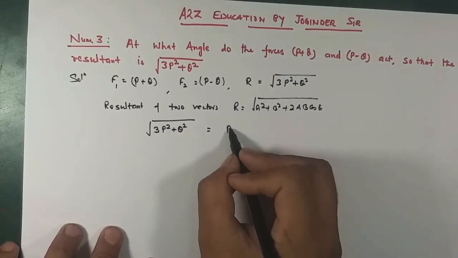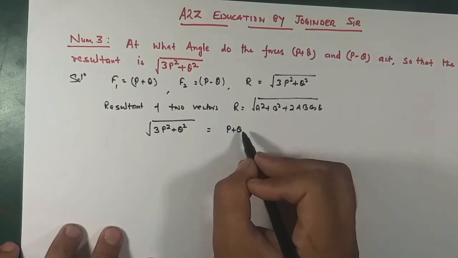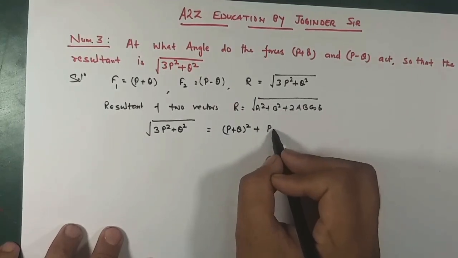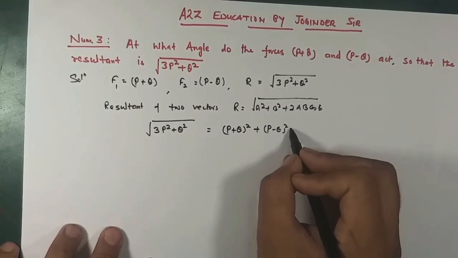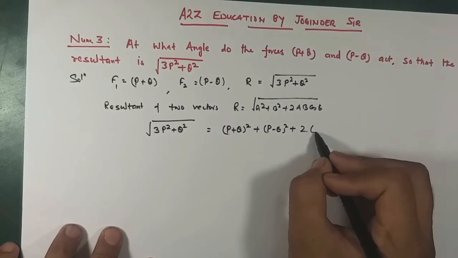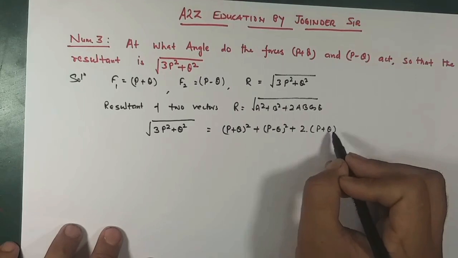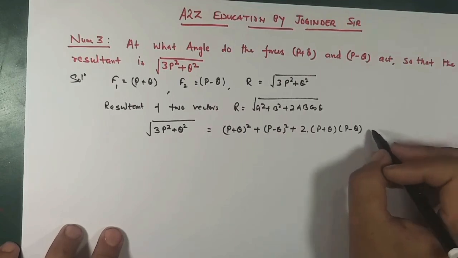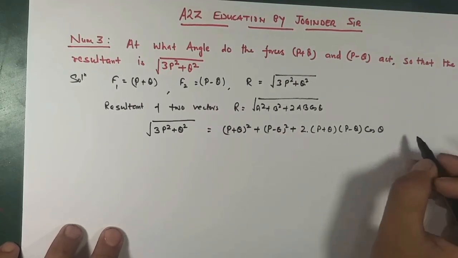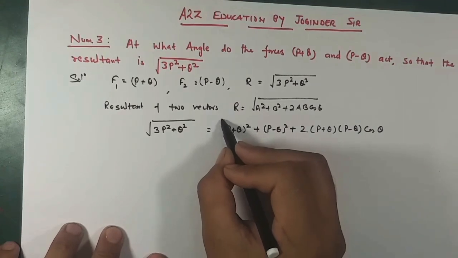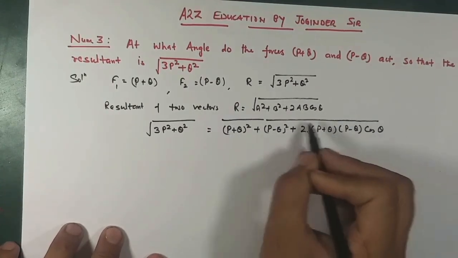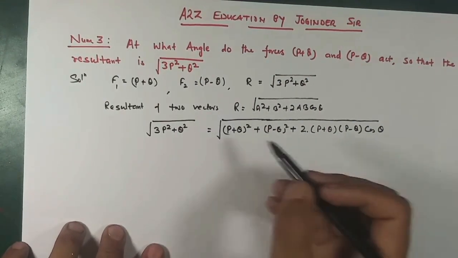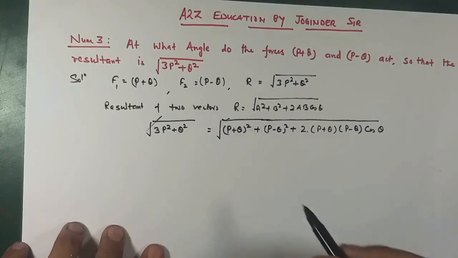A means P plus Q whole square plus B square, P minus Q whole square, plus 2AB. 2A we have P plus Q into B, P minus Q into cos of angle theta, and root. So as there is square root on both sides of the equation, it is cancelled.